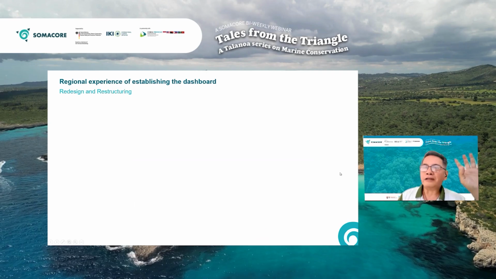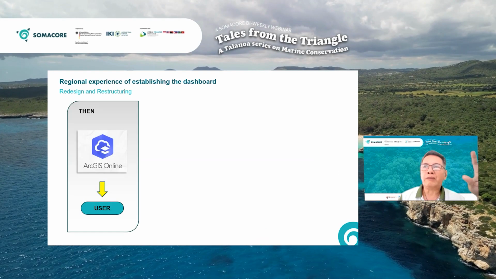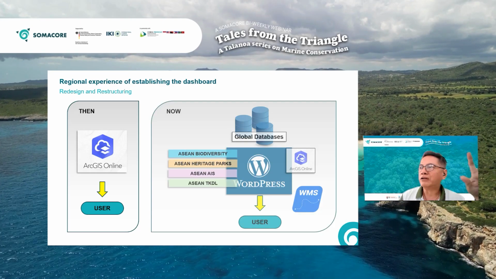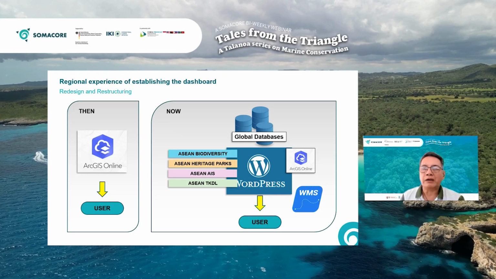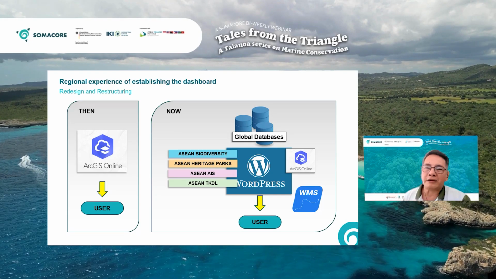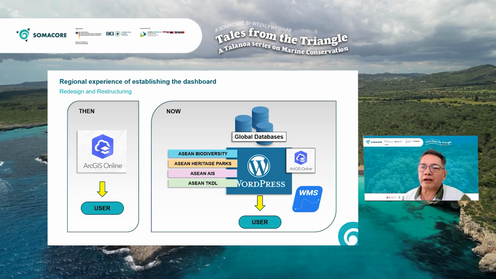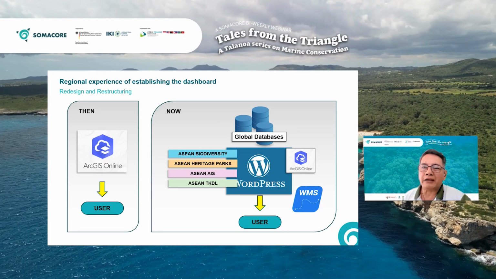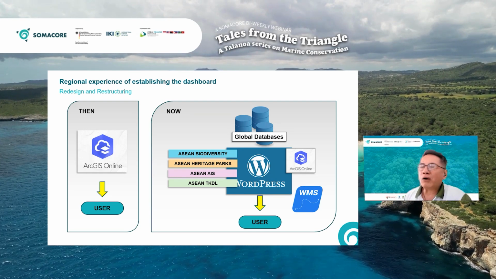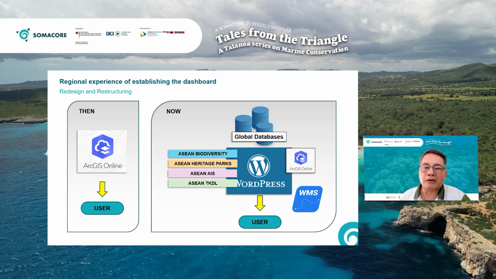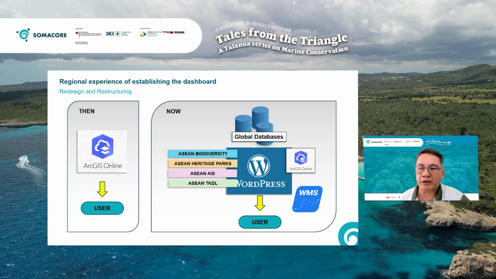So we decided to redesign and restructure the dashboard from ArcGIS Online into a local server system. We used WordPress, the content management system, and then we only link the database outside. Later, you will see the different data parts that we have. We also retained part of ArcGIS Online for the interactive mapping part of the dashboard.